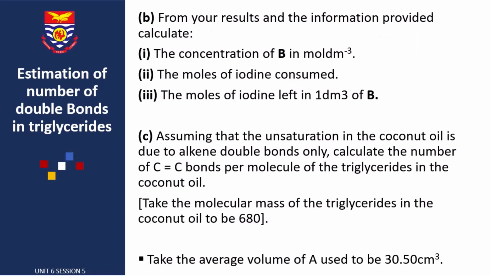Alright, we have to find the concentration of B in mol per dm cubed, the moles of iodine that was consumed, and the moles that was left over in the 1 dm cube of B. Assuming that the unsaturation in the coconut oil is due to alkene double bonds only, calculate the number of carbon to carbon double bonds per molecule of the triglycerides in the coconut oil.